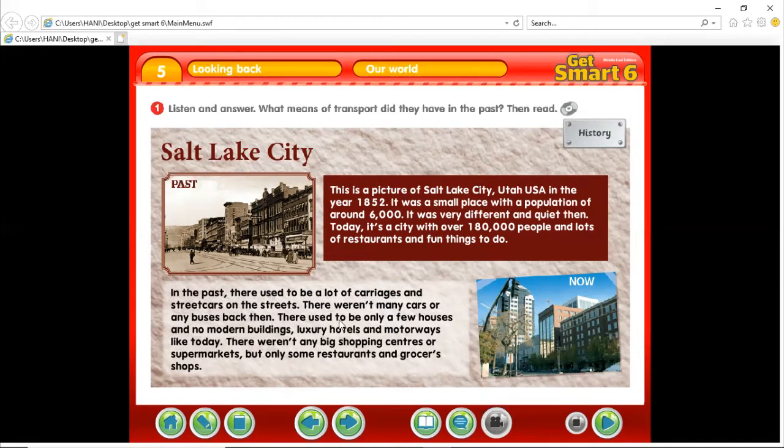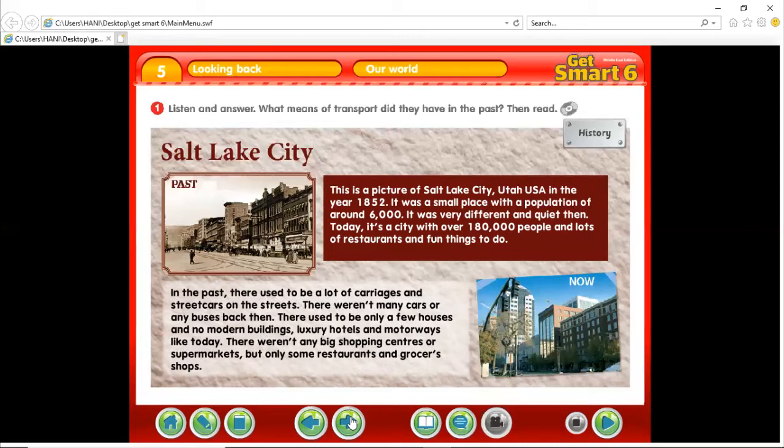There used to be only a few houses. So, kinds of transport like carriages and streetcars. This is the answer to my question at the beginning. What kinds of transport did they have in the past? You're going to say there used to be a lot of carriages and streetcars.